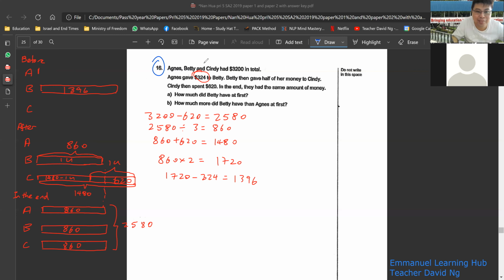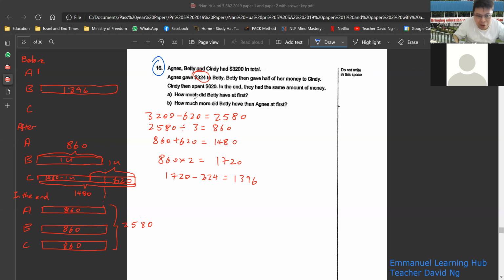Did Agnes receive any money from Cindy? No. Did Agnes give any money to Cindy? No. So the only exchange Agnes has is that she gave 324 to Betty.